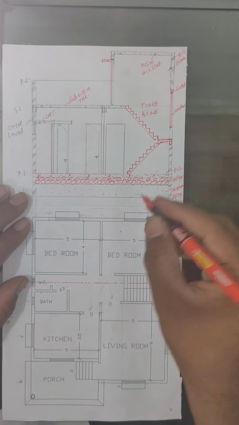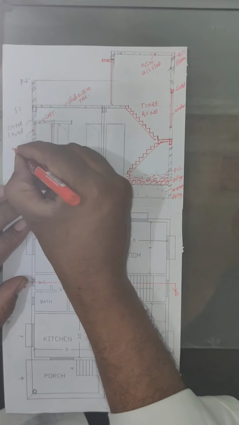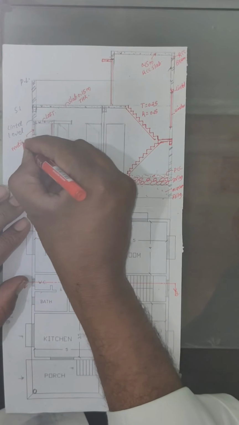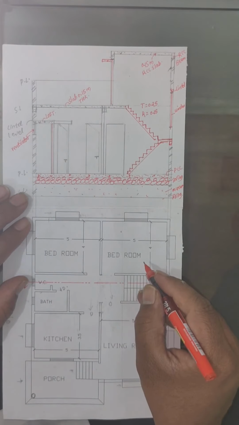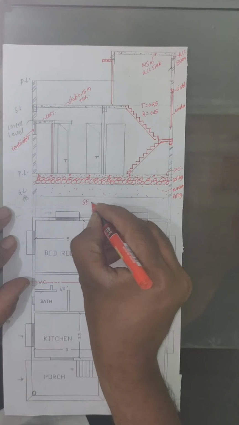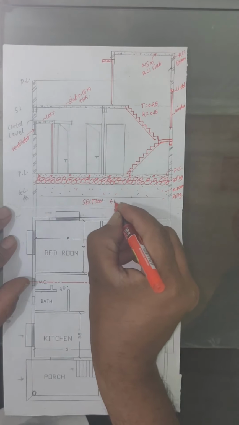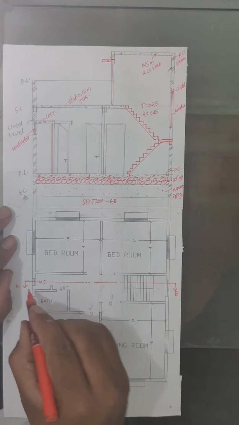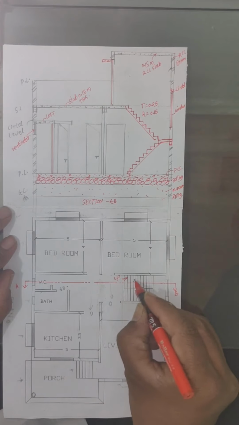This is the window of the staircase. And this is the ventilator. Ventilator of the WC which is cut by the section line. So in this way the section is completed. And give the name section AB, because the name given to the section line is AB, therefore this is section AB. Okay, section line AB and section AB.